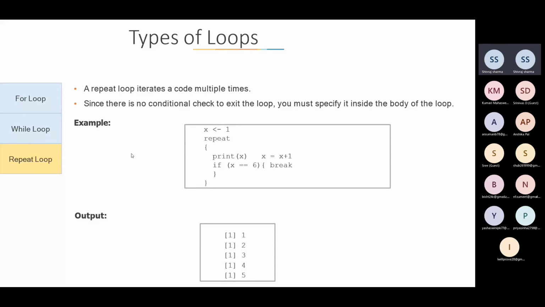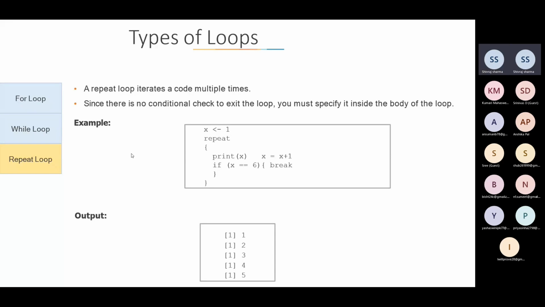What exactly does the repeat loop do? The repeat loop iterates a code multiple times. Means when we mention to repeat, similarly as the while loop does, it also runs up to a particular limit. If you observe in this code, we mentioned a break also.